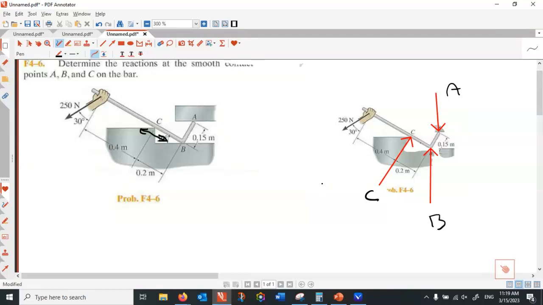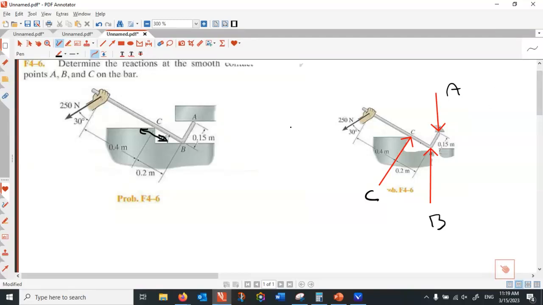All right. How many unknowns does this problem have? Just the magnitude of the forces, the directions we know, right? So three unknowns, three conditions. What is the easiest condition to start with?